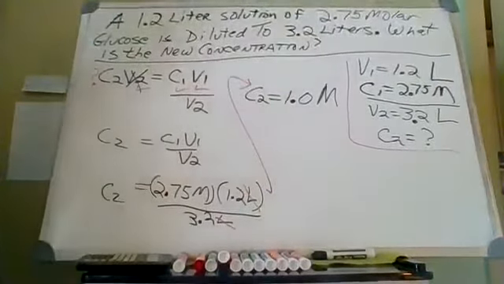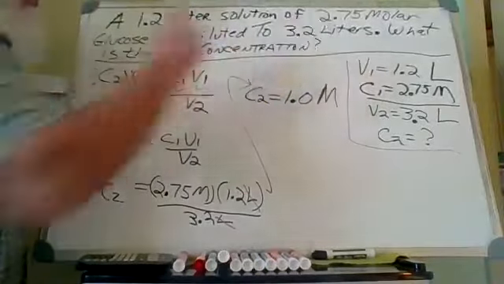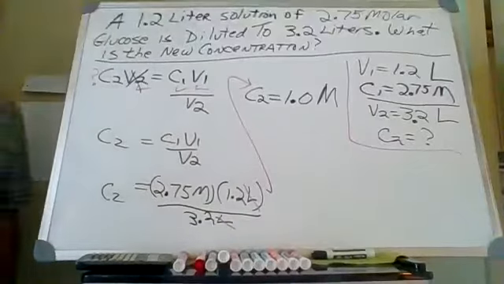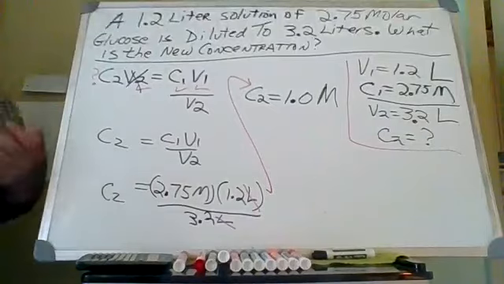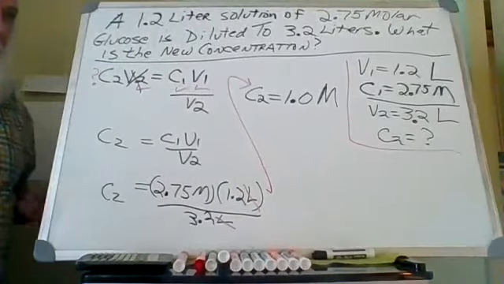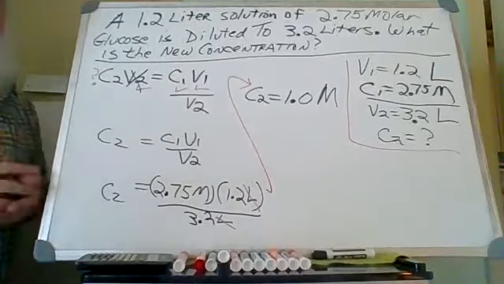Now, I want to point out that in this problem, the two volumes were expressed in liters, not milliliters like the last problem. Almost every problem you're going to do, even in real life in the laboratory, the liquid volume will always be either liters or milliliters, one or the other. 99.99% of the time, that's the volume you're going to use in the laboratory. Concentration can be different.